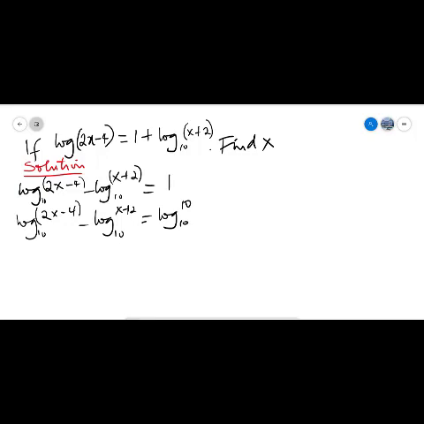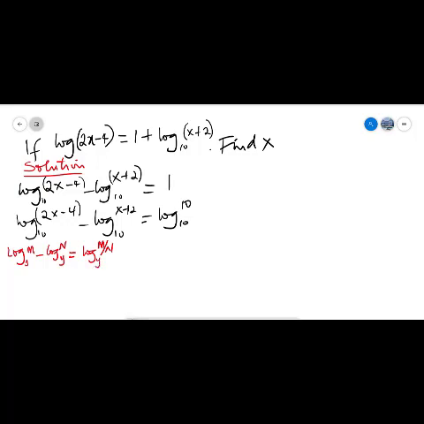Now, according to the second law of logarithm, remember that log m base y minus log n base y is equivalent to log m over n base y.